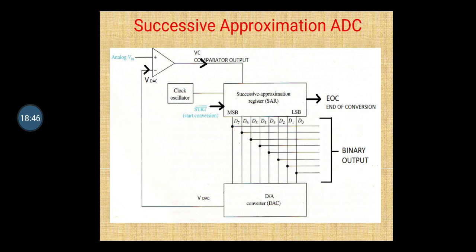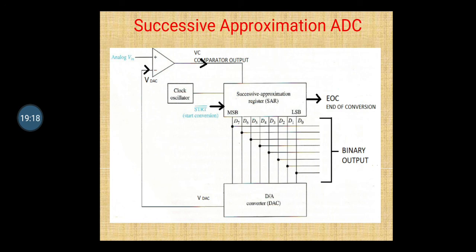and then again the DAC will convert it into an analog voltage, and this will take place. Again the comparator will compare. Now this time if the analog voltage is greater than VDAC, then a positive voltage is developed at the output of the comparator, that is logic 1, and the SAR gets logic 1, and then D5 becomes 1 and the rest all become 0.